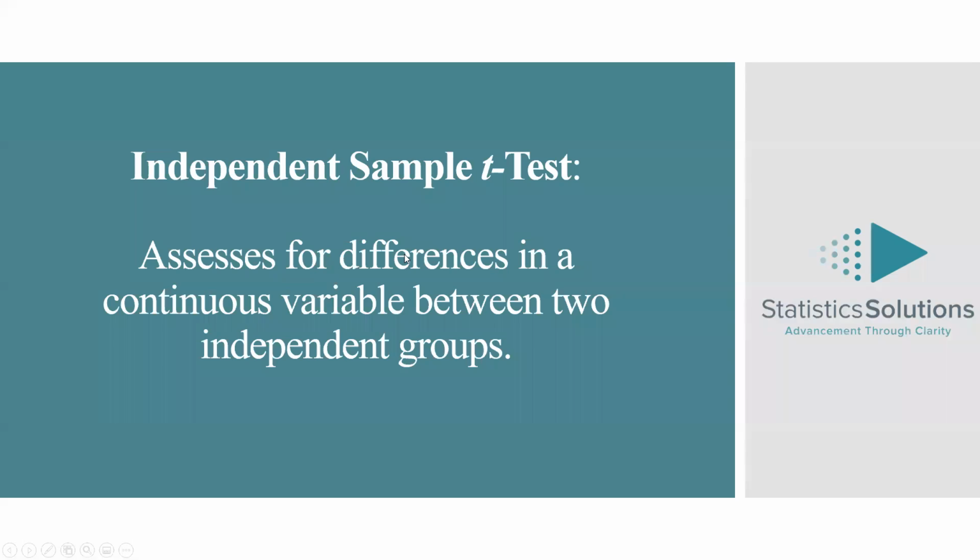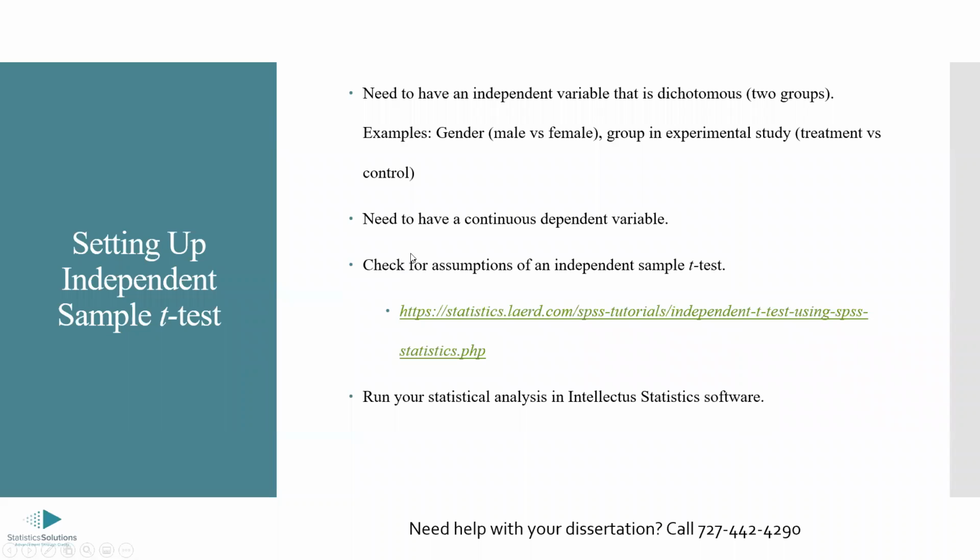So what's a continuous variable? A continuous variable is a variable that falls on a scale or a continuum. So, GPA or test scores or composite scores that are generated from a survey instrument. Those are all generally considered continuous.